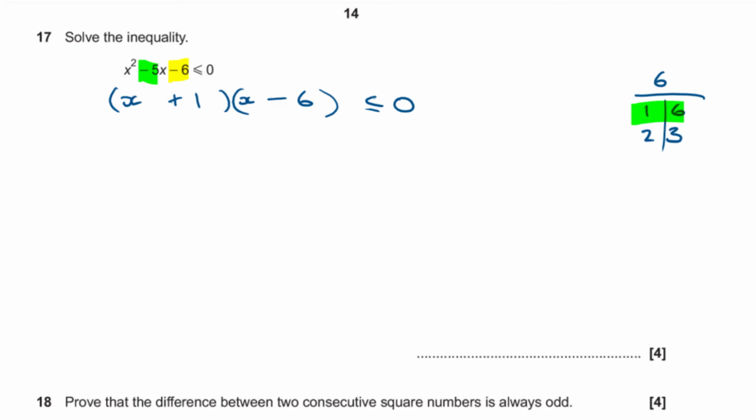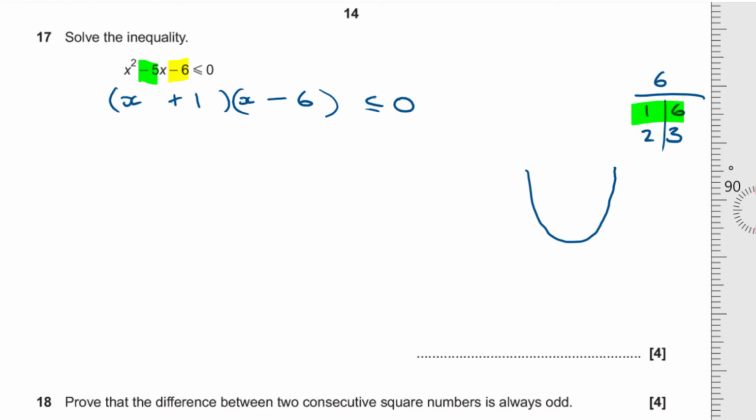Okay. Now, if this was an equation, it would have roots then at -1 and +6. So if I was going to draw a sketch of this quadratic, all quadratics have this kind of parabola shape, don't they? Okay.